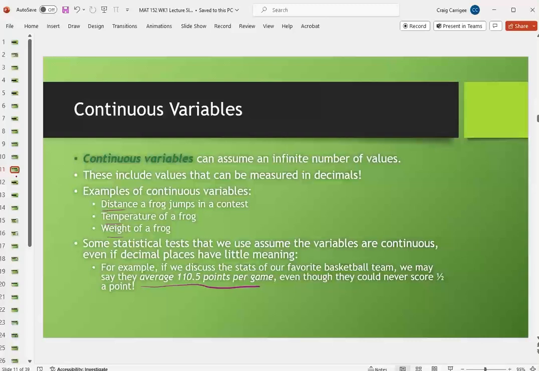That tells us that it's usually between 110 and 111, right? But that value represents something that we can understand. Even though we know they can't score exactly 110.5 in a particular game, that average still somewhat makes sense. And so sometimes we can use discrete variables and allow the decimal points to make a little more sense.